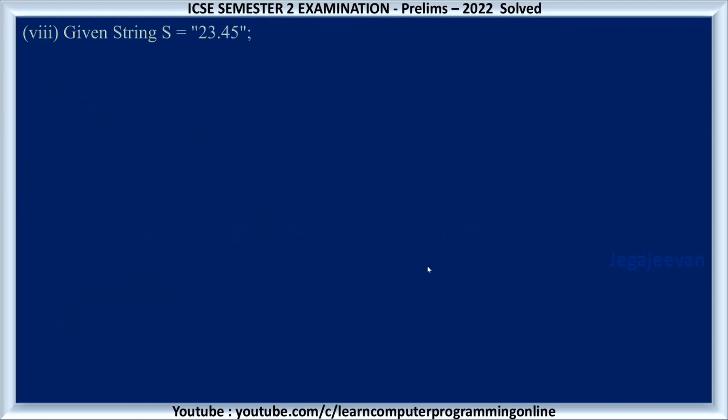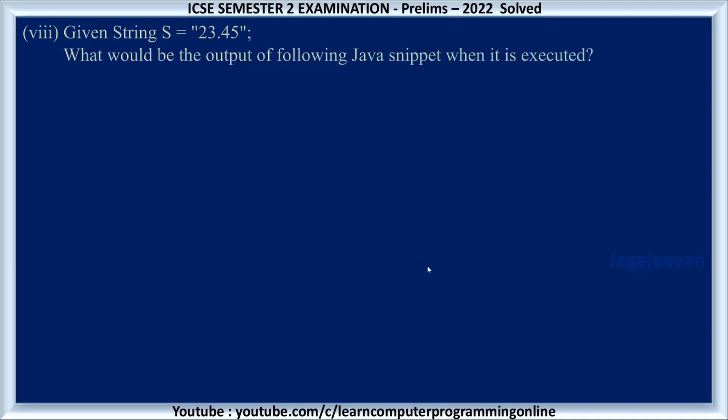Given string S is equal to 23.45. What would be the output of the following Java snippet when it is executed? System.out.println of Double dot parseDouble value of S plus 100.